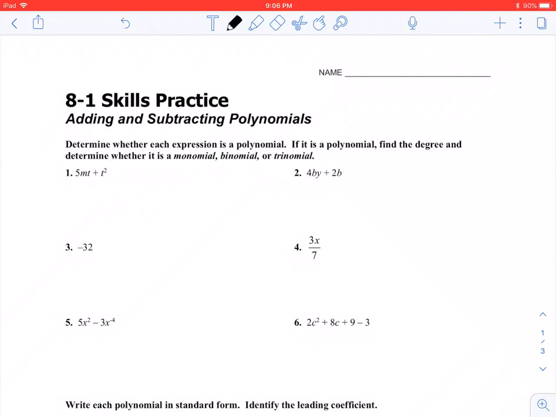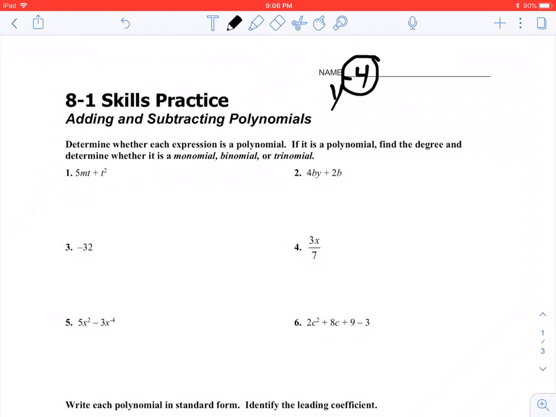Now, I did receive a question or two from some people that were maybe a little bit confused as to what a polynomial was. Actually, if you look at 1 through 6, every single one of those is a polynomial. So those are all examples of what a polynomial would look like. Here's a couple of examples, before I complete this homework, of what a polynomial is not. If you had y to the negative 4 power, this power being negative would make this not a polynomial.